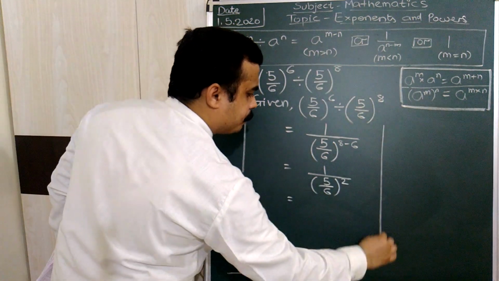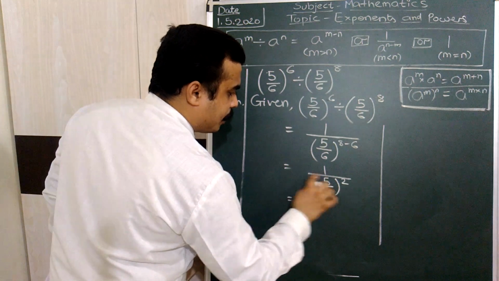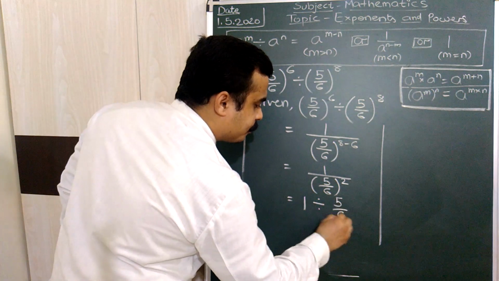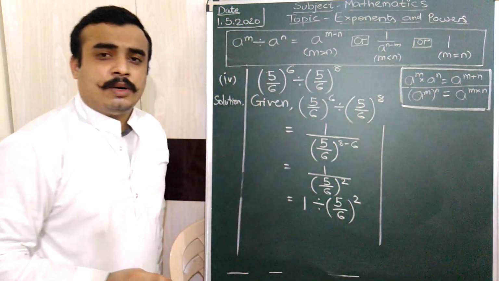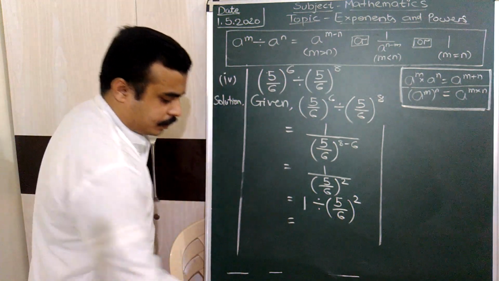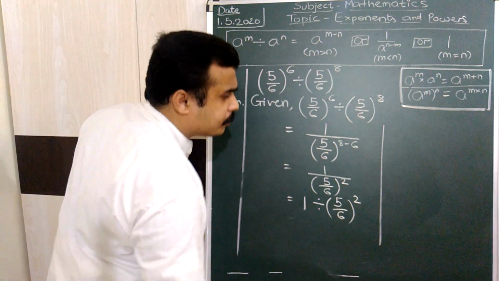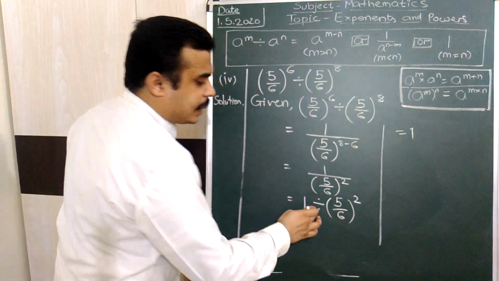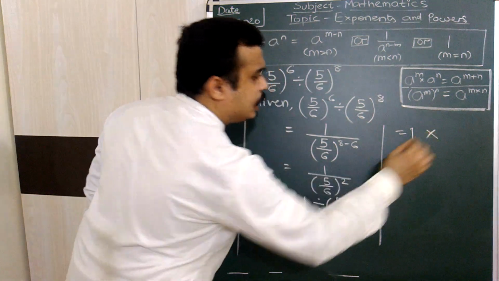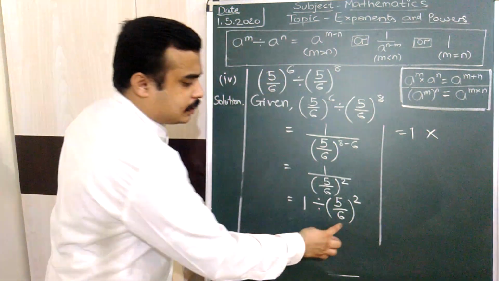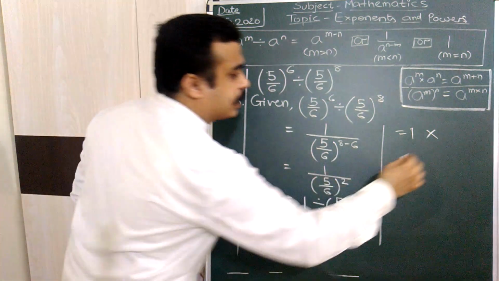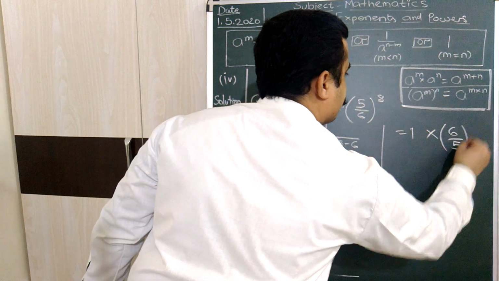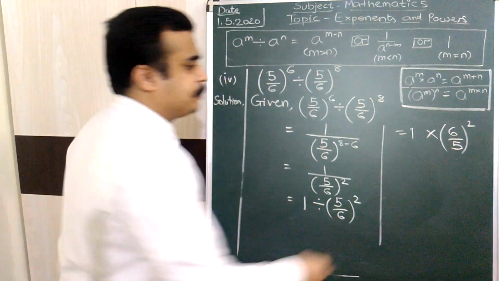Now we can write this as 1 upon, means divide, 5 upon 6 whole raised to the power 2. Now 1 as it is, so we can write divide as into. And because of that, what will happen? We have to take the reciprocal of the next fraction, that is 6 upon 5, and the power is 2 only.